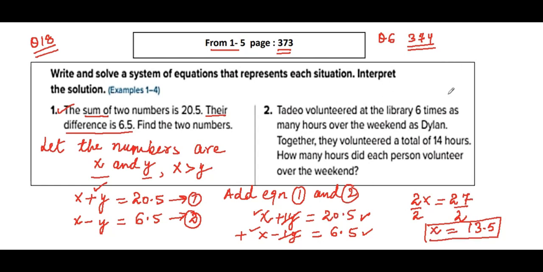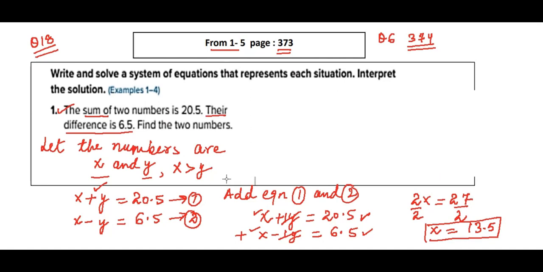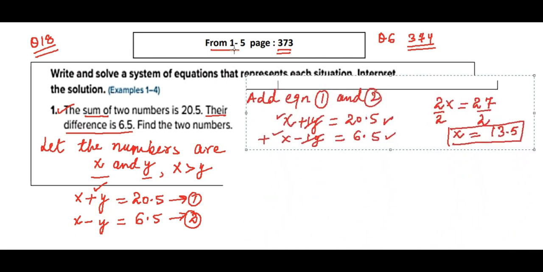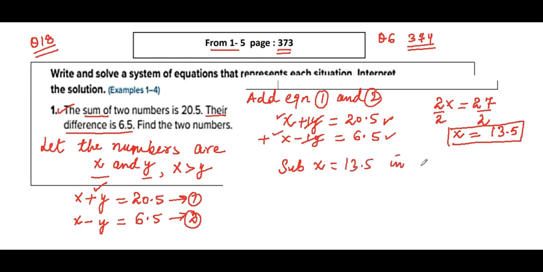Now I'm writing the steps here. We got the value of x, now substitute x in any equation. Substitute x is equal to 13.5 in equation 1 or 2, your choice.